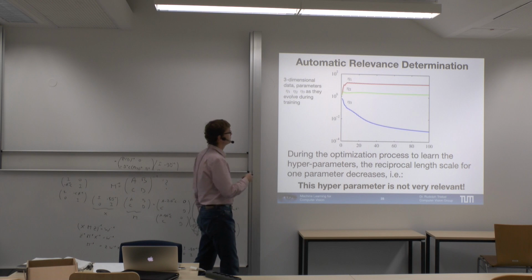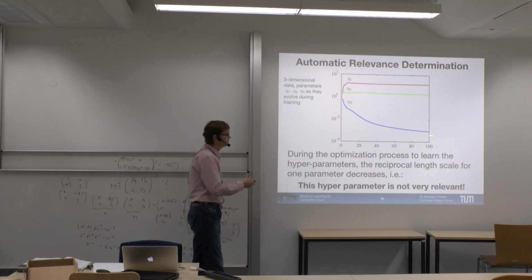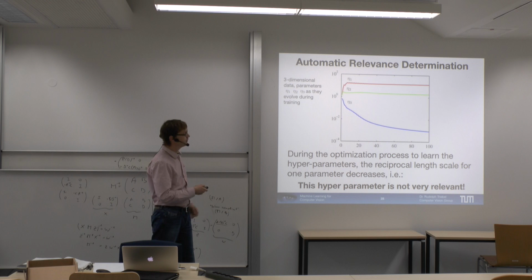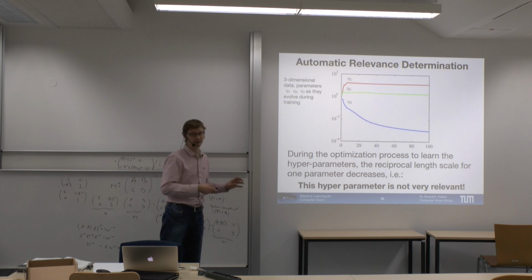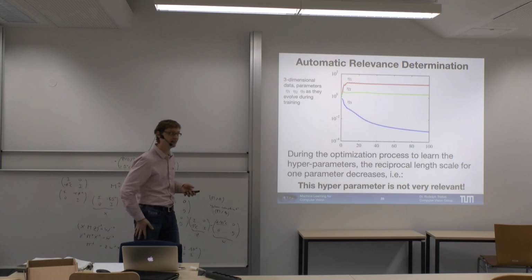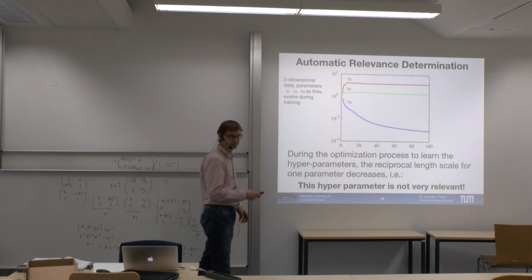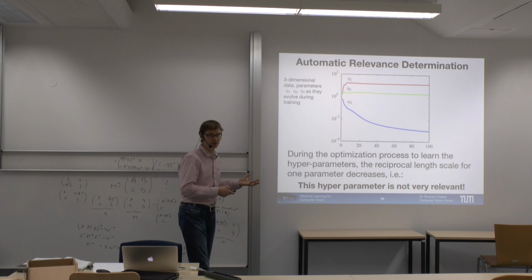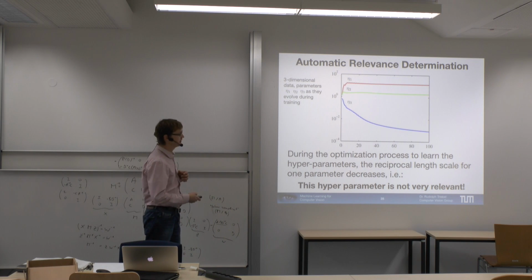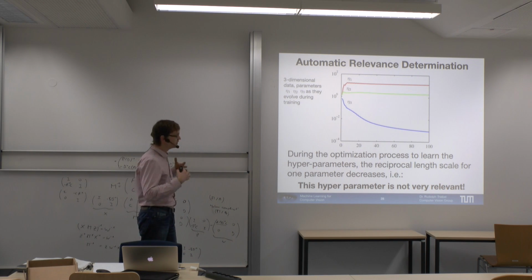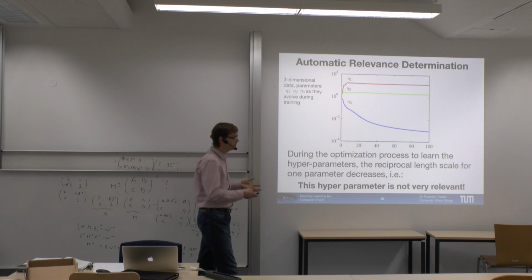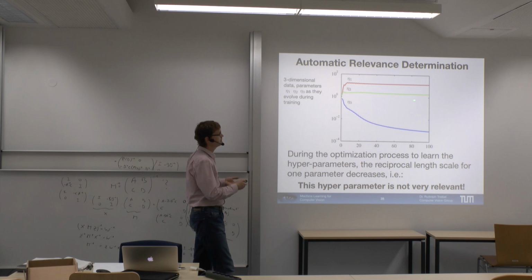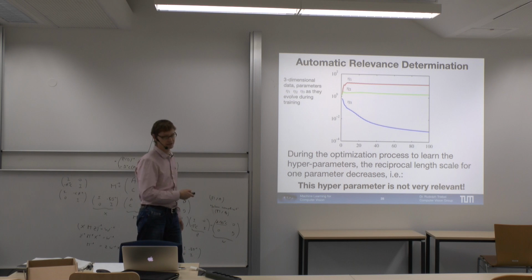If this eta 3 here goes very small, then we can say that this feature dimension doesn't give me much information. It's not a very relevant feature. Implicitly, this comes from the estimation technique. That's very nice, right? I can show the algorithm a lot of feature dimensions and try to fit parameters in there, but the algorithm will tell me I'm only looking at these 2 feature dimensions because the other one is not very relevant.